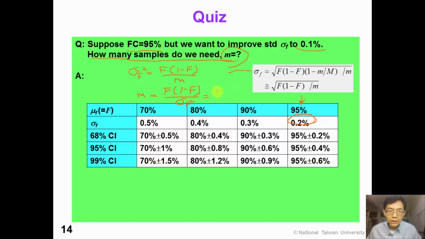If we plug in the numbers, this is 0.95 times 0.05 divided by 0.001 squared. So the answer should be 47,500. Have you got it correctly?